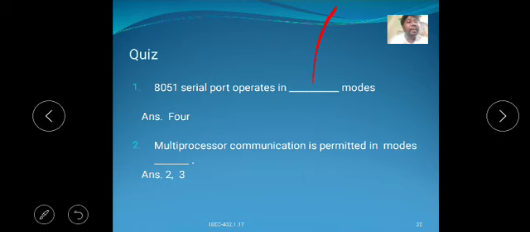Again, I am repeating the quiz questions. The 8051 serial port operates in dash modes: 4 modes. Multiprocessor communication is permitted in dash modes: 2 and 3.